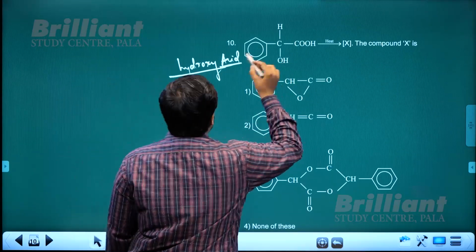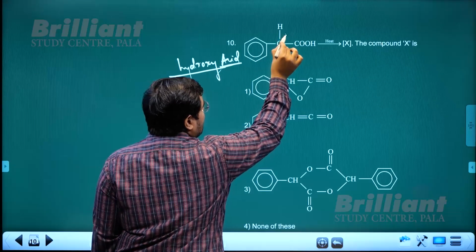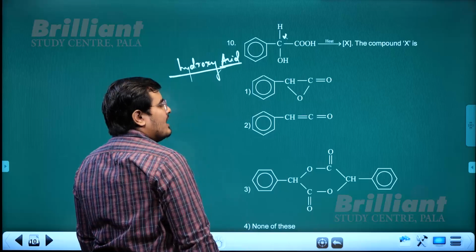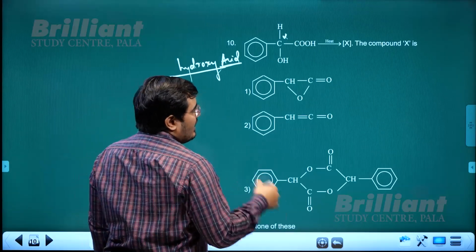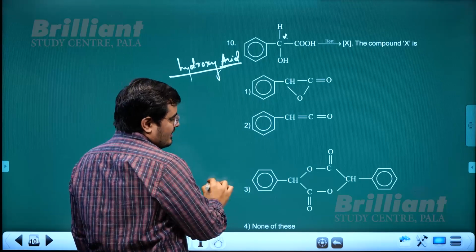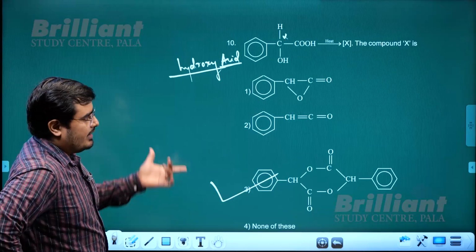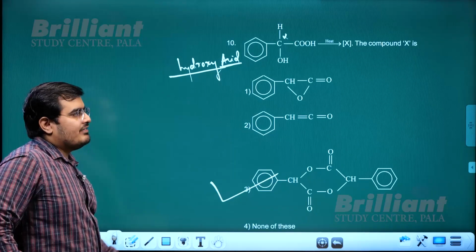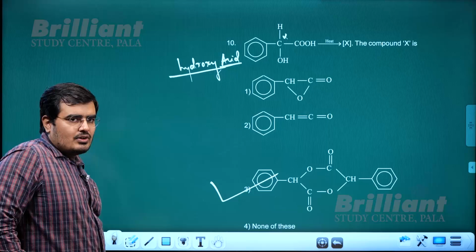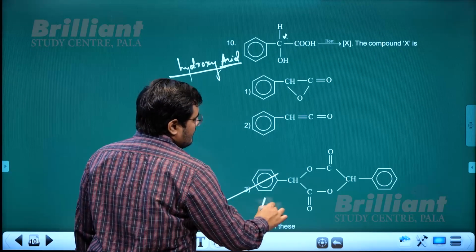So if you have a carboxylic acid and I label the carbon, this carbon happens to be the alpha carbon. Alpha hydroxy acids on heating form lactides, which you can see is option 3. So this is directly from that theory part. Heating alpha hydroxy acids leads to the formation of lactides.